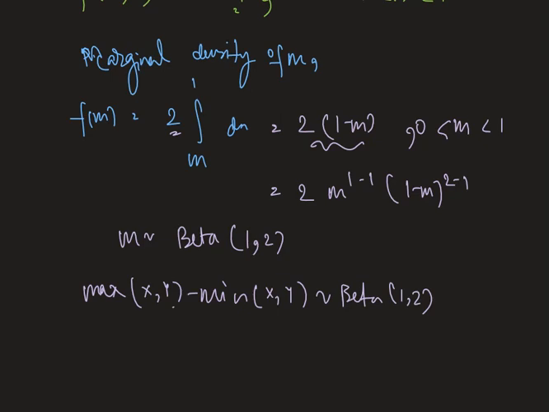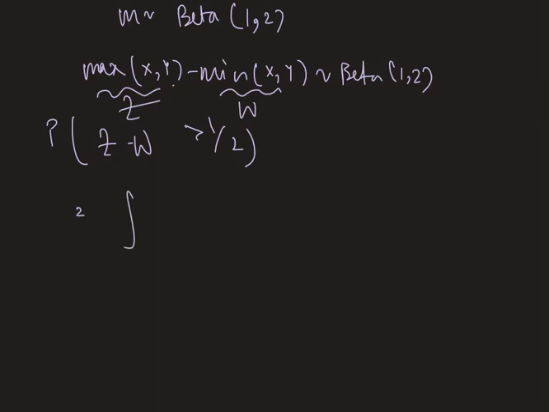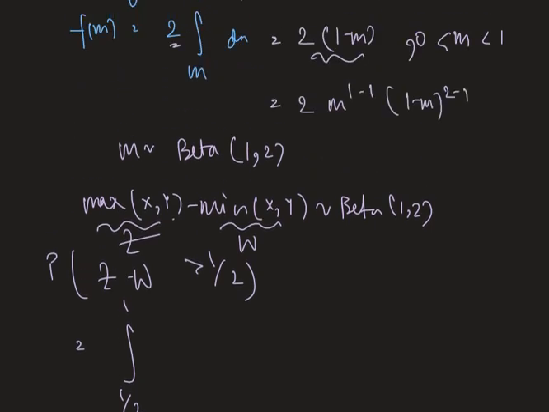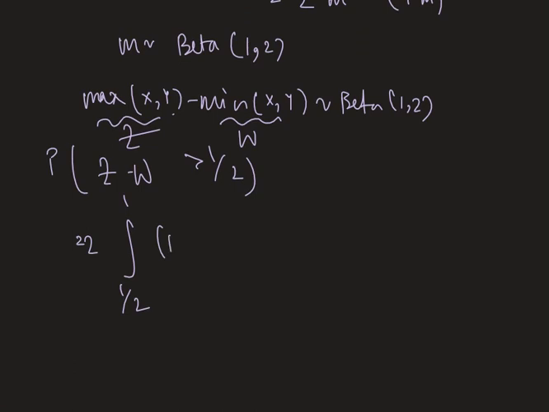Now we have to find the probability that z minus w is greater than half, where maximum of xy is z and minimum of xy is w. So we have to just integrate this PDF 2 into 1 minus m on the range of half to 1.